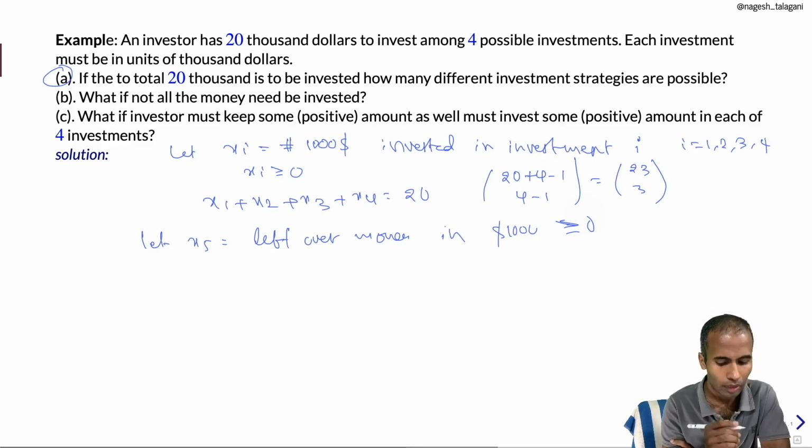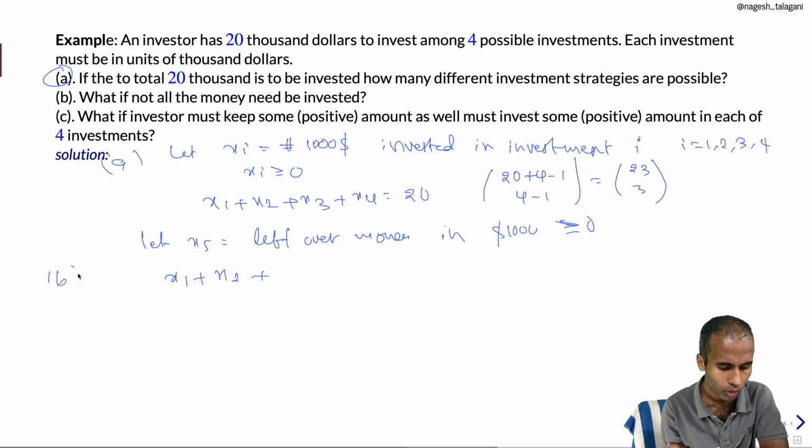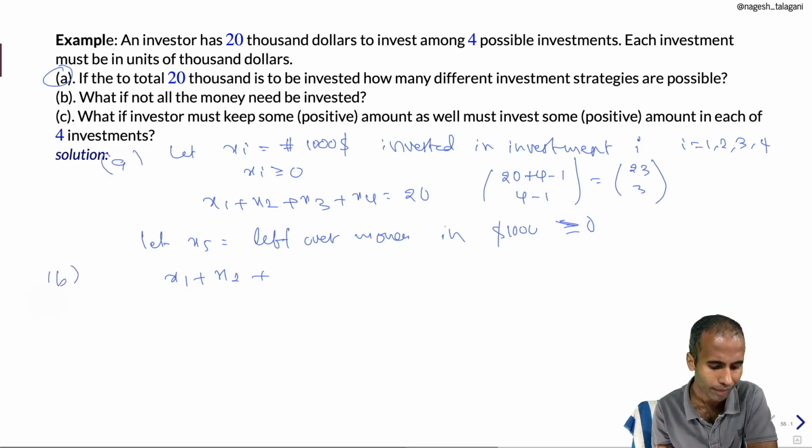So now, x1 plus x2 plus x3 plus x4 was the solution to A. The solution to B is going to be x1 plus x2 plus x3 plus x4 plus x5. Invested money plus leftover money should add up to 20.